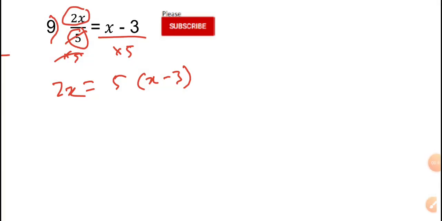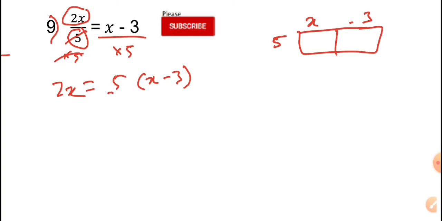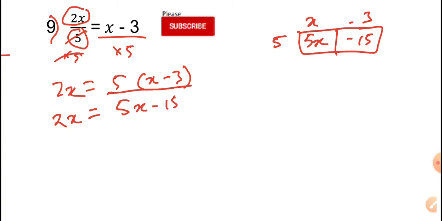So now if we expand the right hand side out using the grid method, I've got x minus 3 and I've got the 5 there. So 5 times x is 5x, and then 5 times minus 3 is minus 15. So 2x is equal to 5x minus 15.